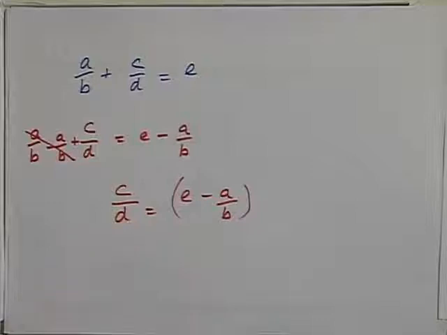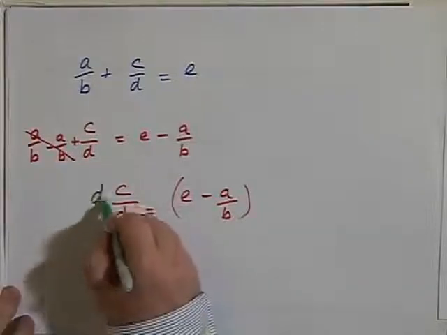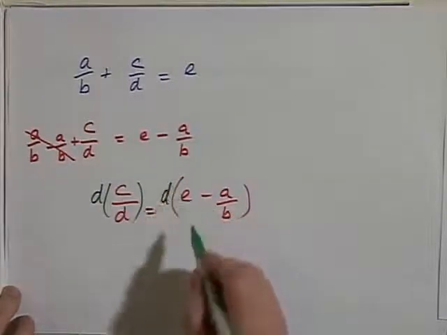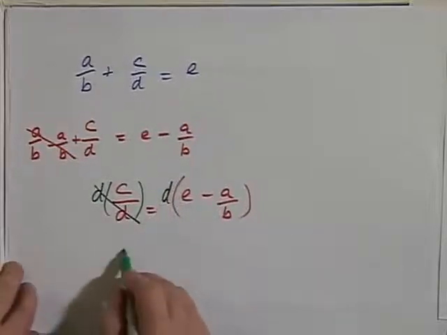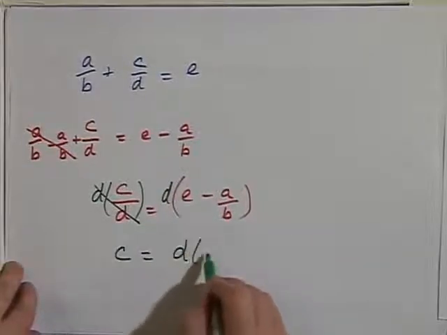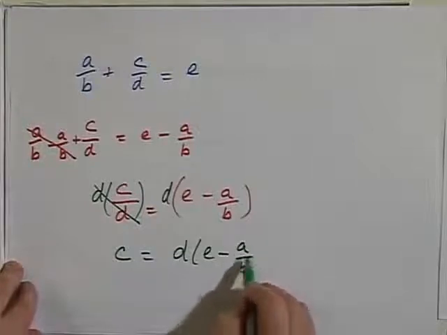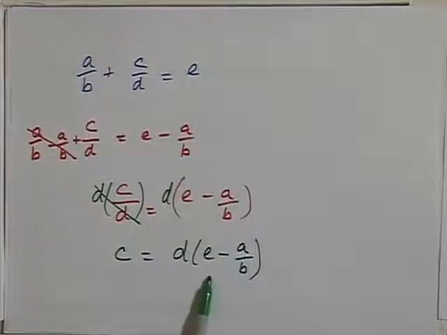D is still on the bottom, so I'm going to put it up here and here. So I now have C is equal to D into E minus A over B. That's not particularly pretty. That's D on the right-hand side, with a multiplication beside it.